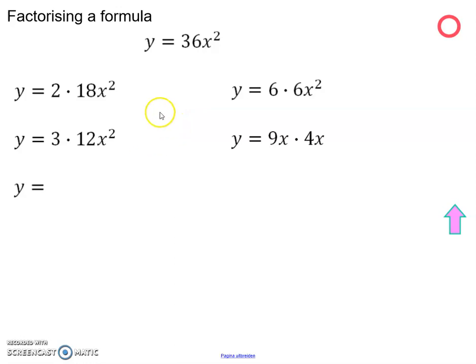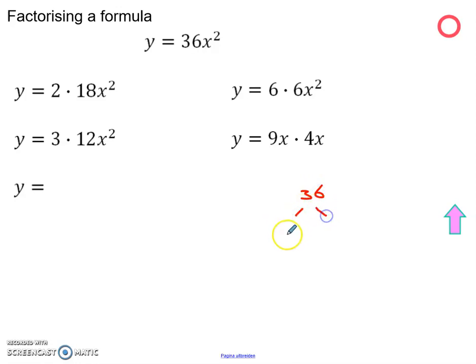But now I would like to write this formula in as many factors as possible, and it should still be the same formula. So I'm going to take a look at 36, and I do this in the same way as my last example.